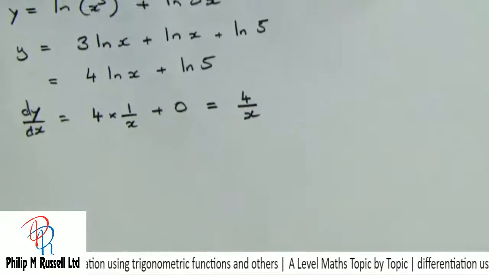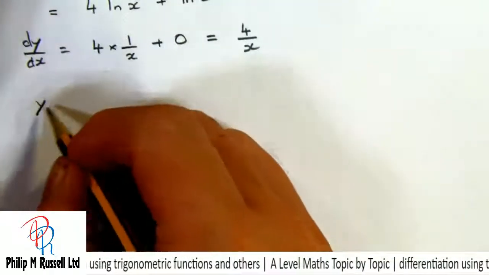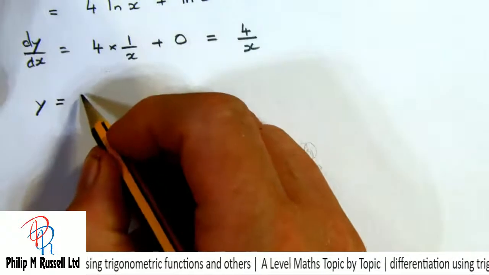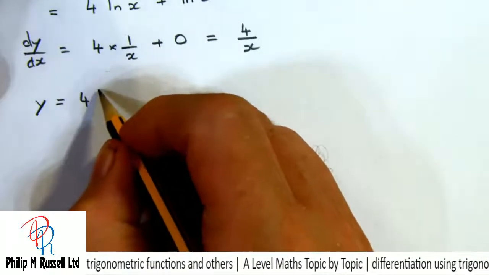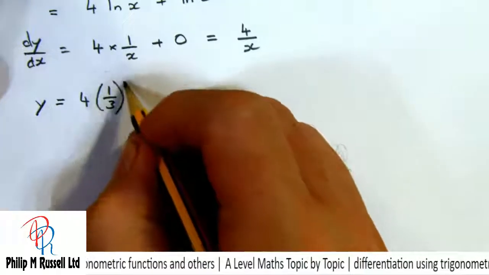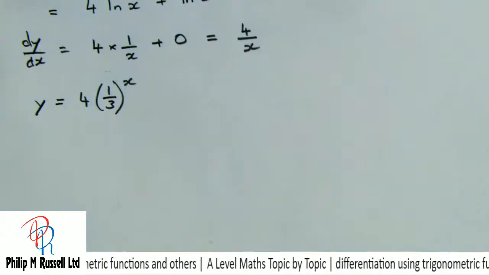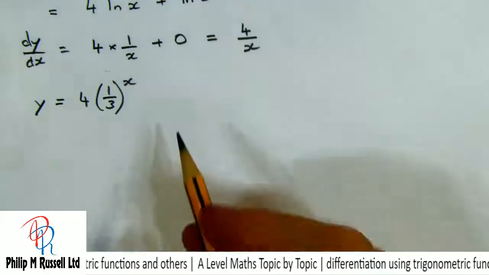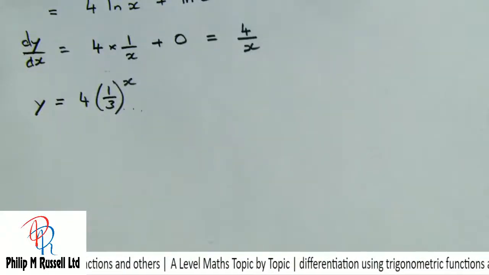So let's have a look at something like y equals 4 times a third x. Now what we've got to try and do is get this in a form that we can actually start playing with.